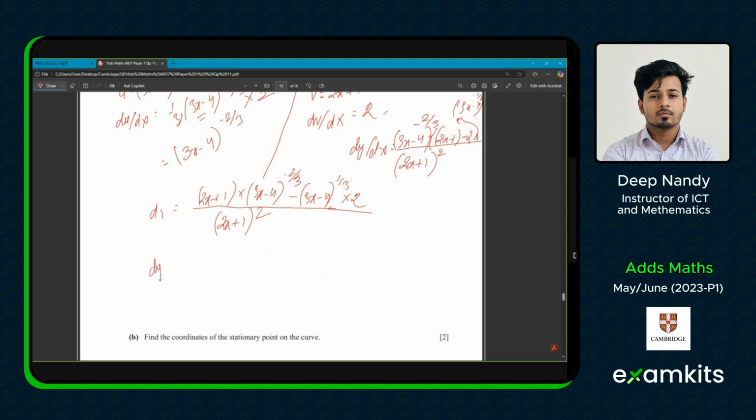And dy by dx equals to 2x plus 1 whole square, keeping it down, this 3x minus 4 to the power 2 by 3. The upper thing is left, 2x plus 1 minus 2 times 3x minus 4 to the power minus... That's not supposed to be this one.